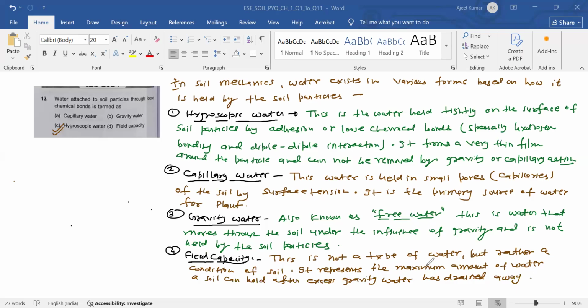So let me make a chart for this. If we take water type in one column, the second column is mechanism of attachment, and the third column is for mobility. Okay. So first, water type is hygroscopic.